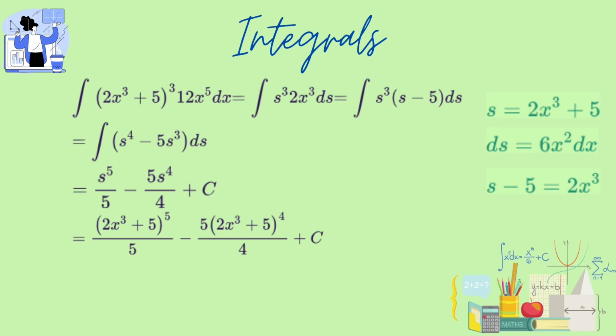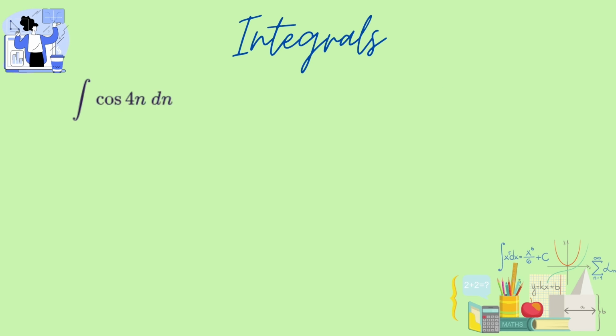Lastly, let's have an example involving a trigonometric function. Find the antiderivative of cosine 4n. Letting s be equal to 4n, the derivative of s with respect to n is equal to 4, and therefore ds over 4 is equal to dn.